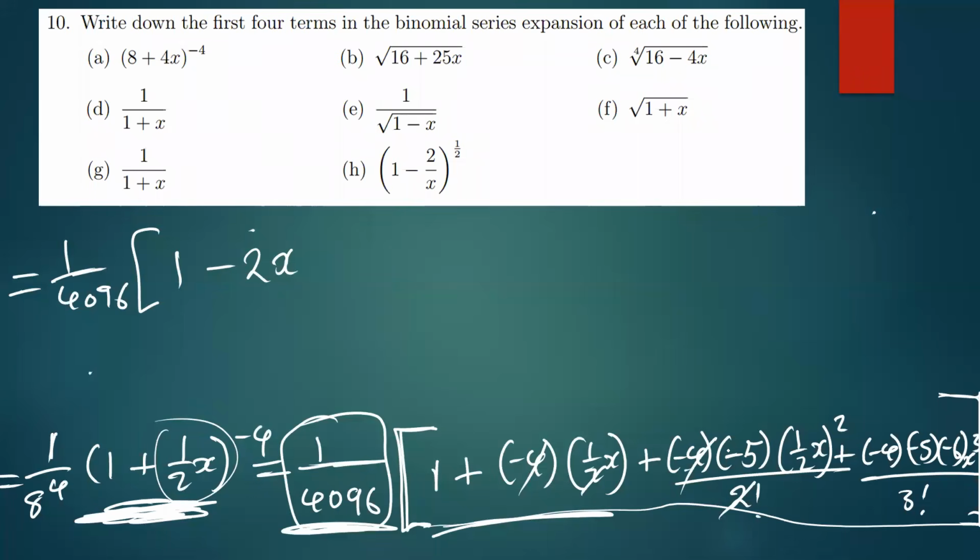Then this will be 2 times 5, that will be 10 divided by 4. So 10 divided by 4 is going to be 5 over 2, x to the power 2.